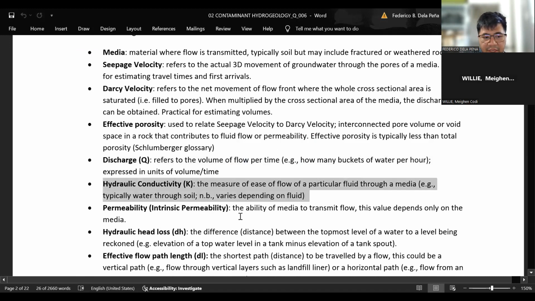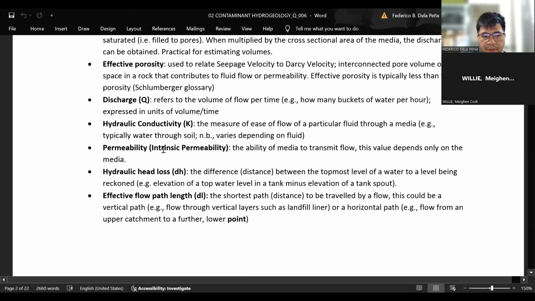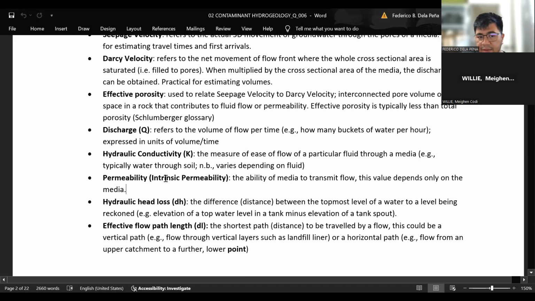And then hydraulic conductivity is basically the ease of flow of a fluid through a media. Okay. The higher the hydraulic conductivity, the easier it is for the fluid to flow through the media. Permeability is more of the property of the media alone. Okay. This is different from hydraulic conductivity in a sense that hydraulic conductivity depends on the fluid and on the media.